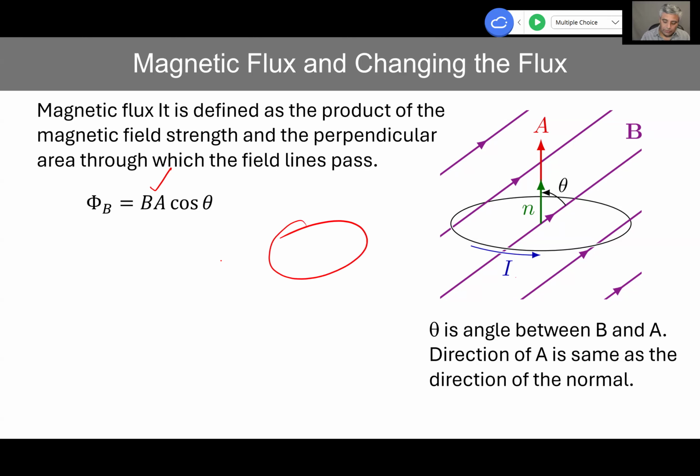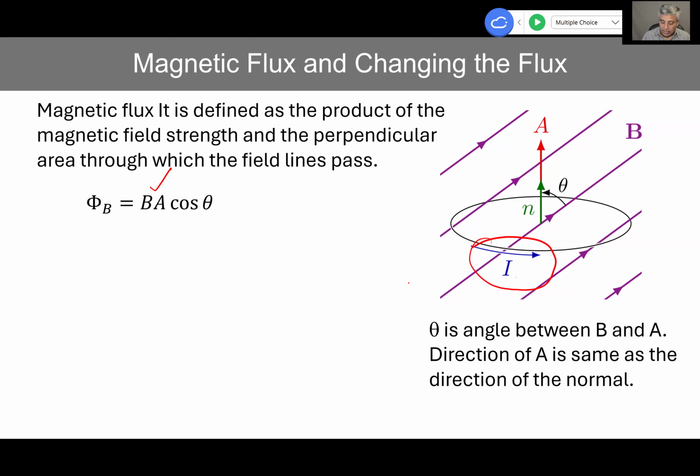So there is this loop sitting there. What's the area, right? We cannot tell the direction of the area of a loop unless there is a current flowing. That's why you see I am showing this current flowing here in the loop.